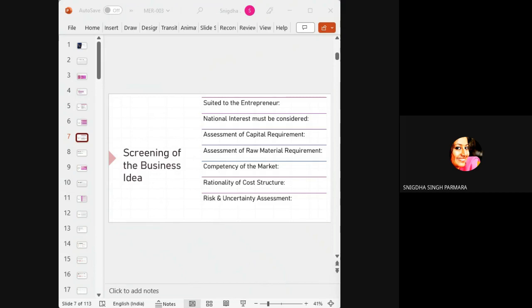The next factor on which screening of business ideas is done is that of national interest. Sometimes there could be a business opportunity which is pretty much suitable to me but is not in the national interest, is not in the priorities which are reflected by the government.